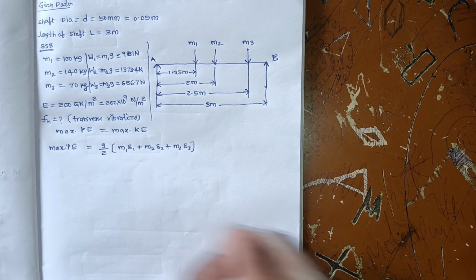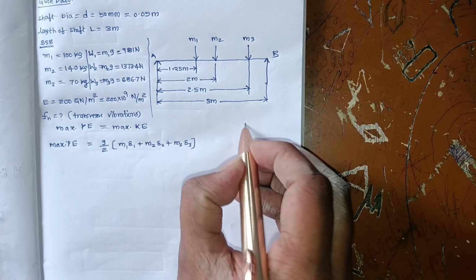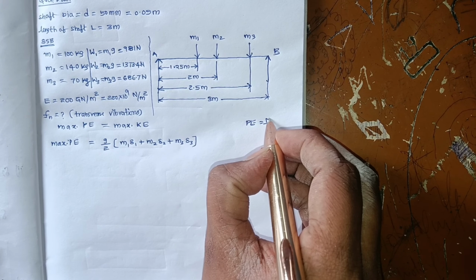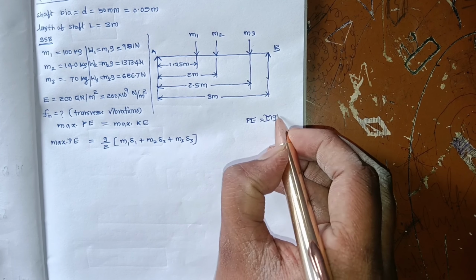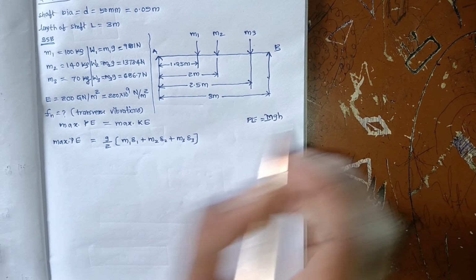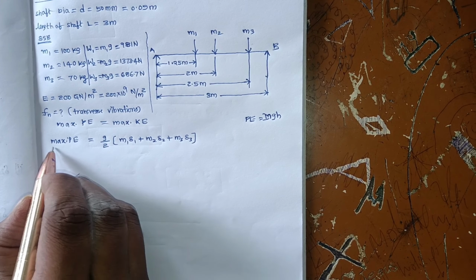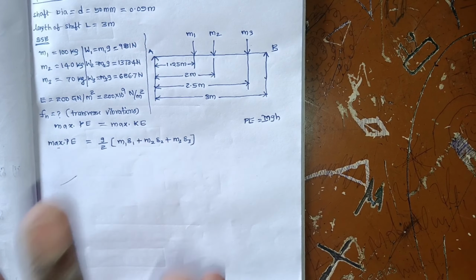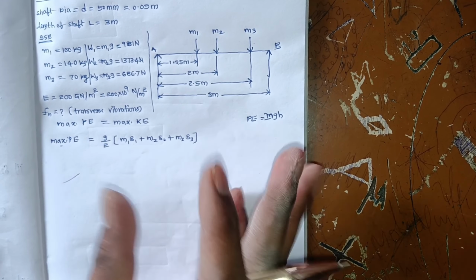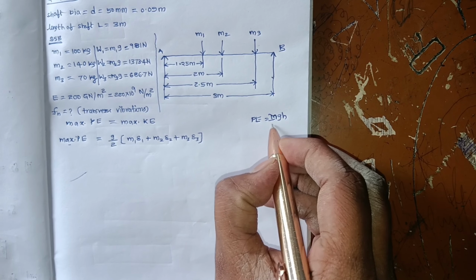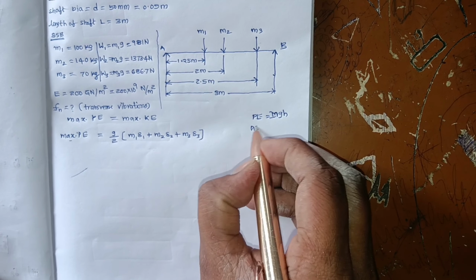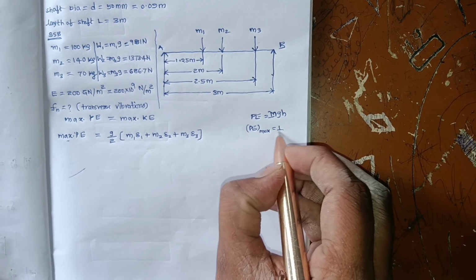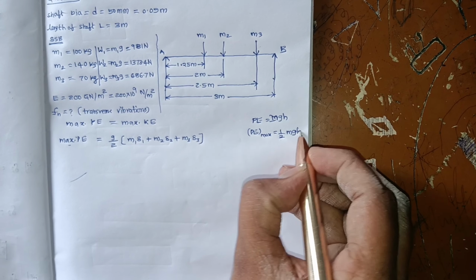As you know, the basic formula for potential energy P is equal to mgh. But here we are taking the maximum potential energy. The maximum will be obtained at the mean position. Mean means half of the height. That means PE maximum will be 1 by 2 mgh.